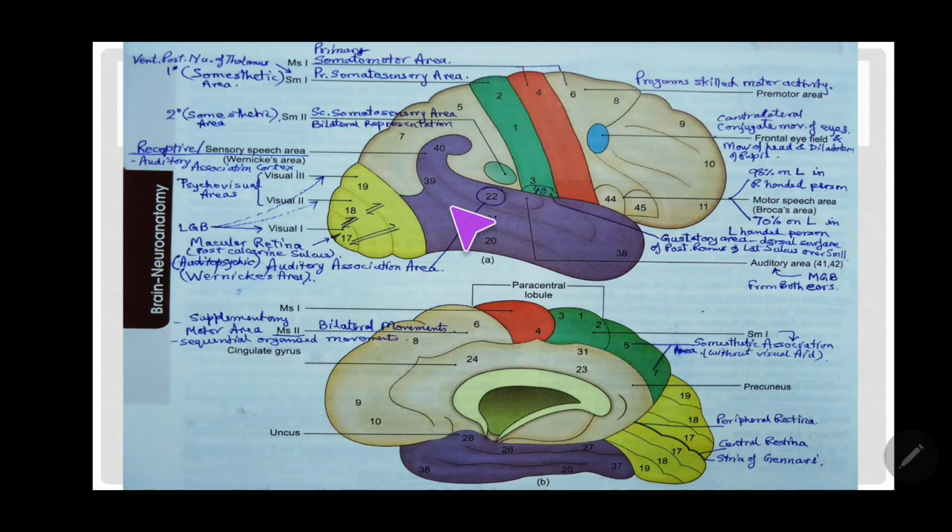Have you seen something? Most of the odd numbers represent the sensory areas, and mostly the even numbers represent the frontal, motor areas, but this is not completely correct. Just to have a slight idea, it's easy to remember 4, 6, 8.